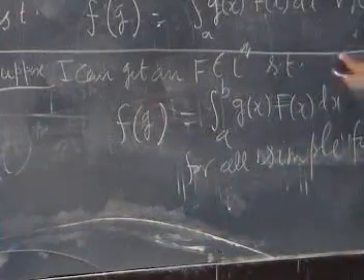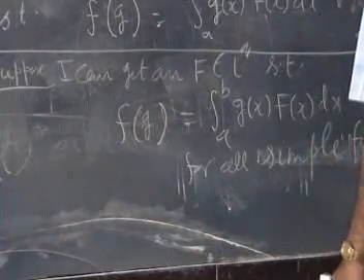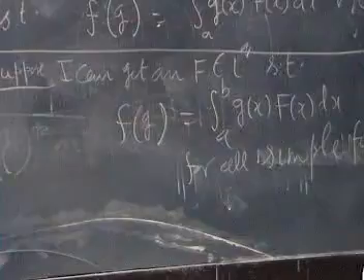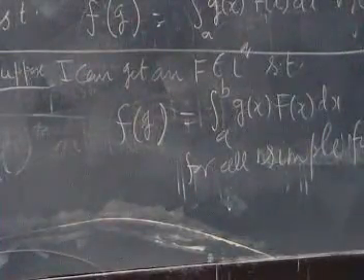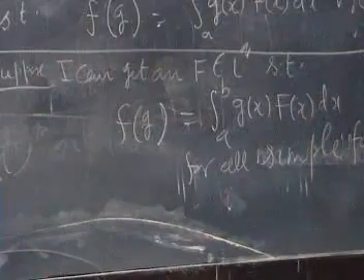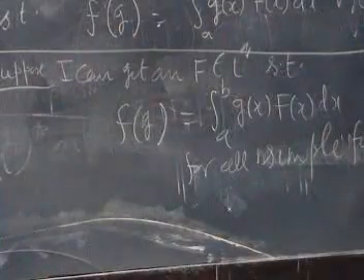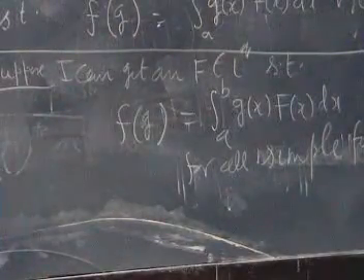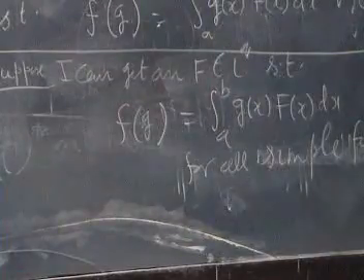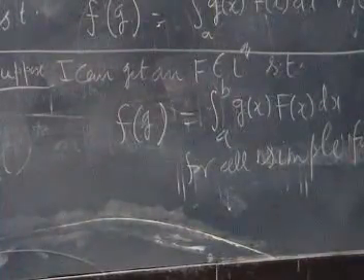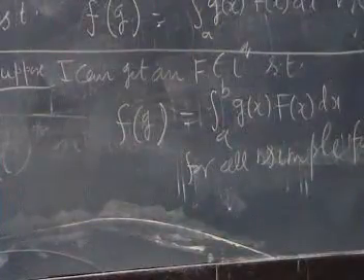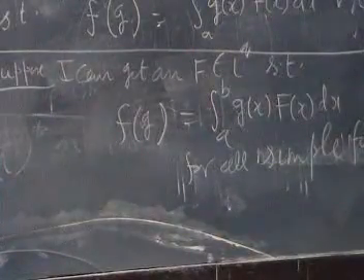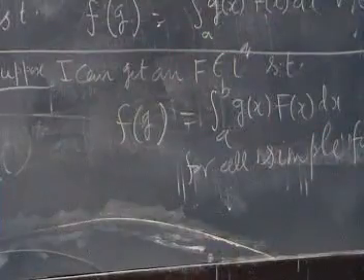Then, given any g in L^p, we can find g_n simple such that g_n converges to g in L^p. Then we have F(g_n) equal to the integral from a to b of g_n(x) f(x) dx.